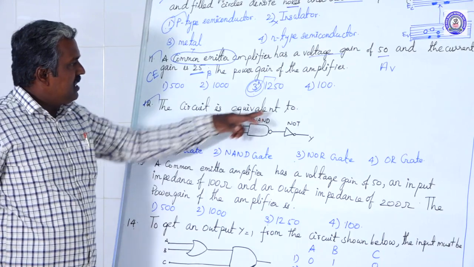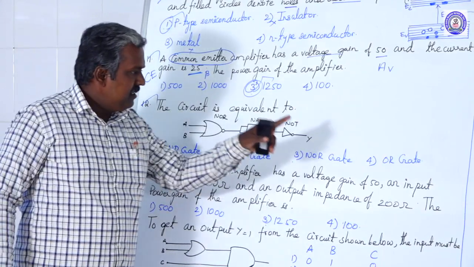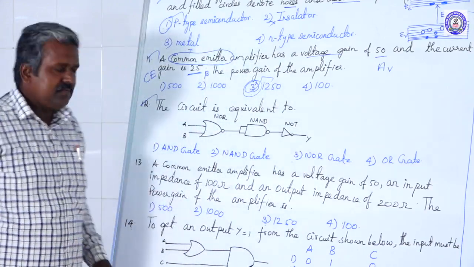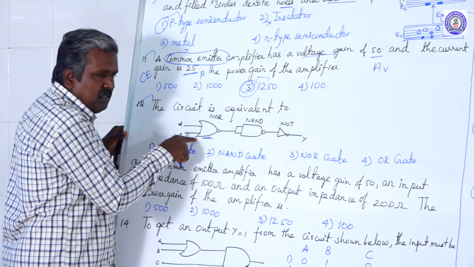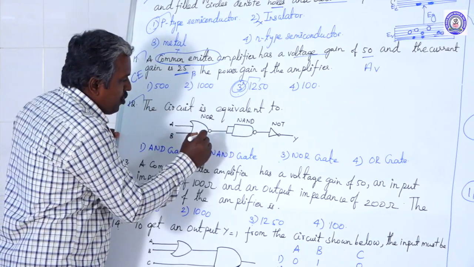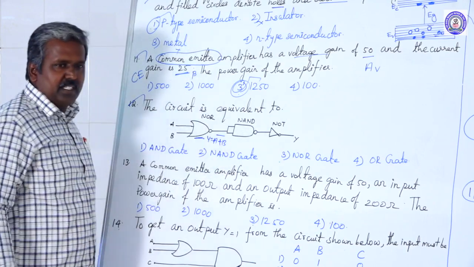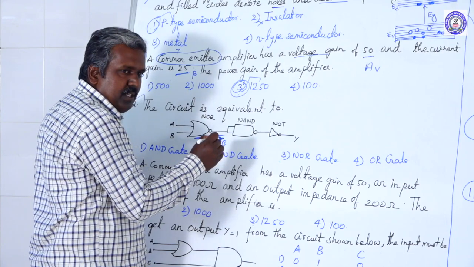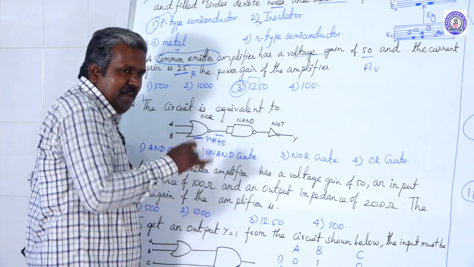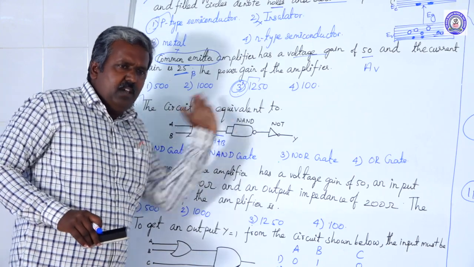Question 12. The circuit is equivalent to which gate: AND gate, NAND gate, NOR gate, or OR gate? What is this? NOR gate. The output of a NOR gate is (A plus B) whole complement. For a NAND gate with inputs A and B, the output is (AB) whole complement.